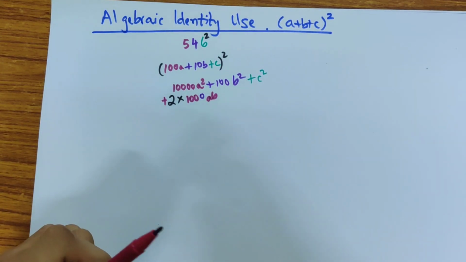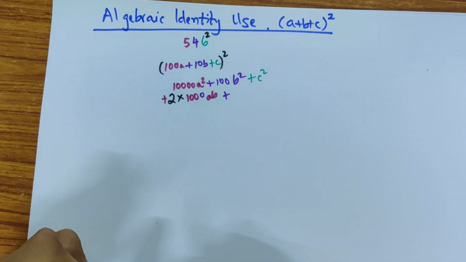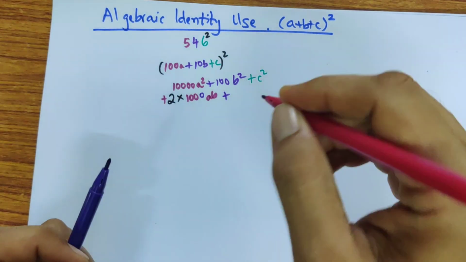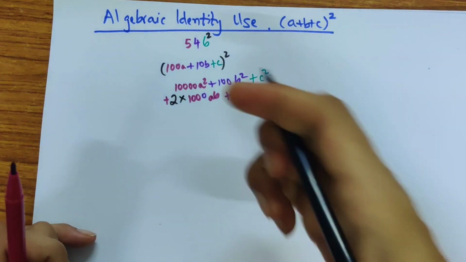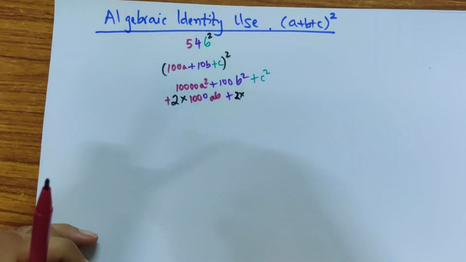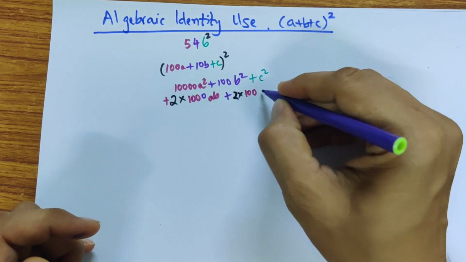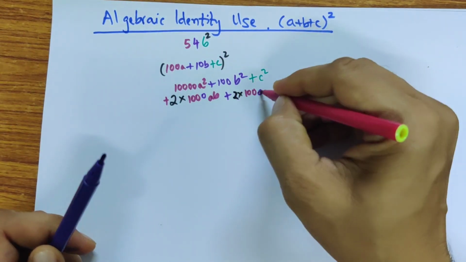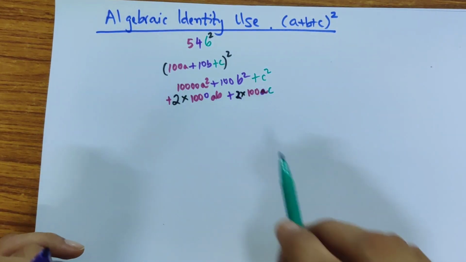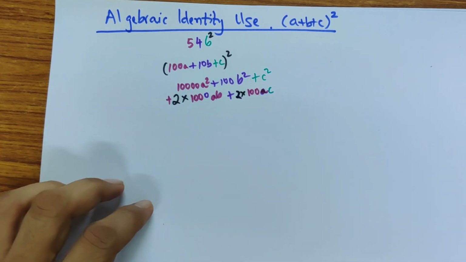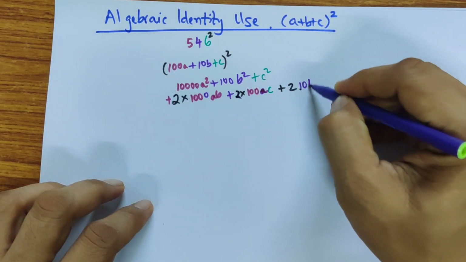Then I have plus AC, so AC will be again 2 times 100 times A and C. So that's this one and that one, AC. And then of course I have the last term, which is 2 times 10BC.